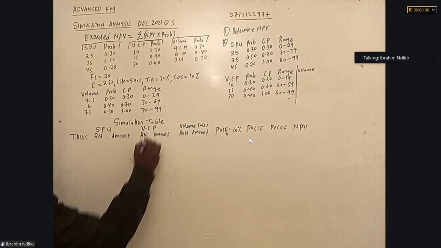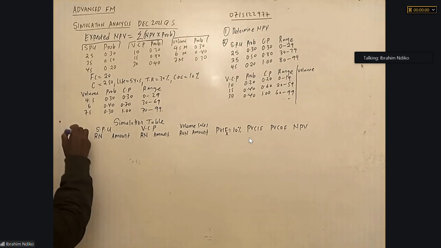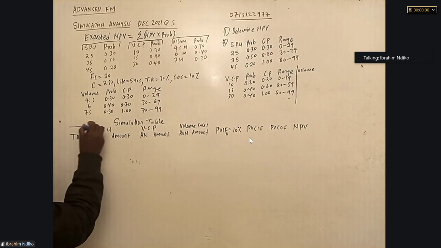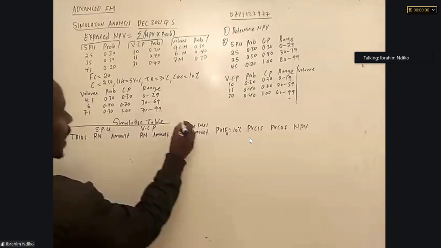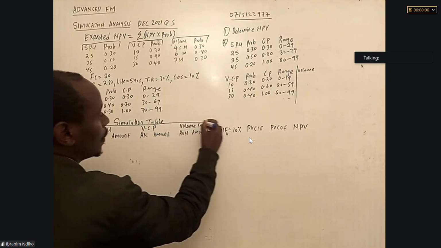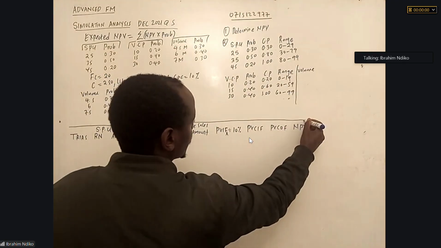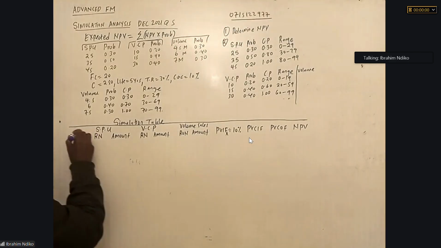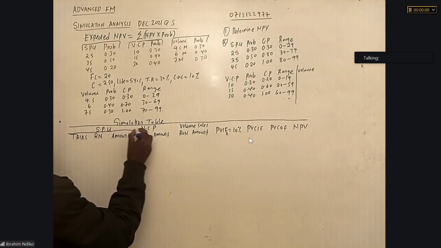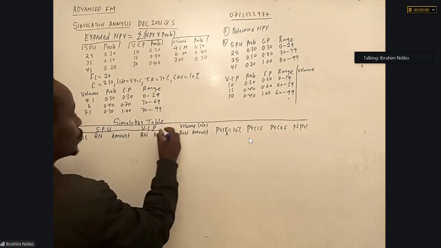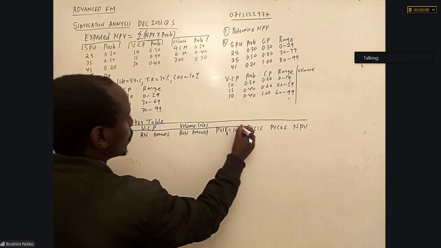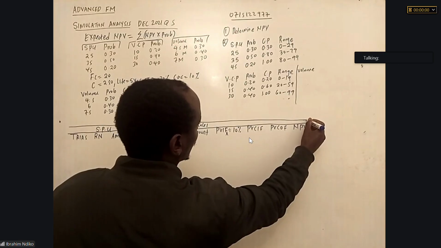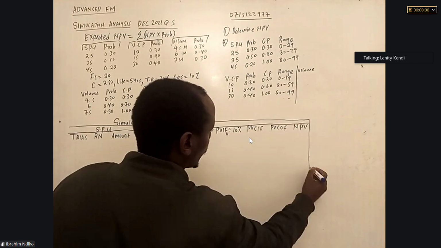RN means range. So this is how the table is supposed to look like. So any item yenye iko na probability lazima ikuwe na range na amount. Uko sawa?